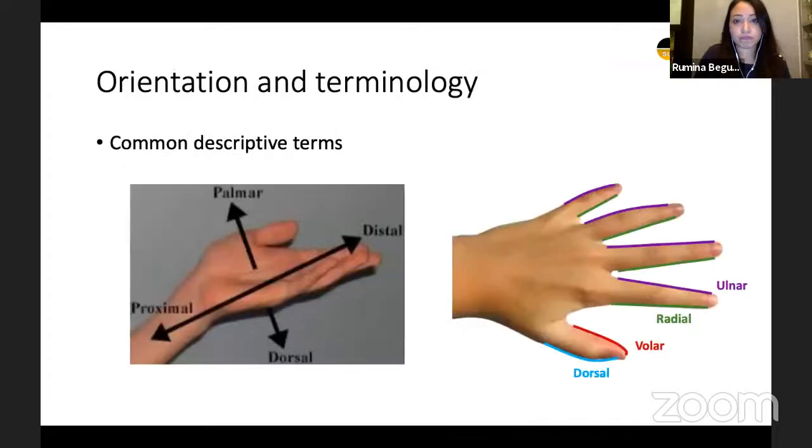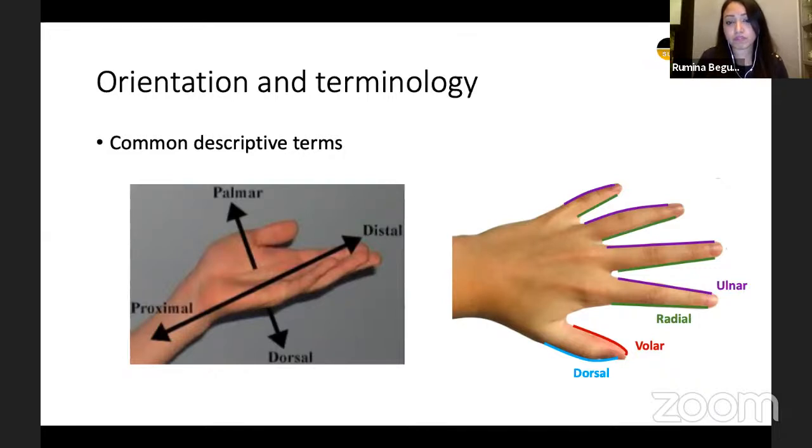So orientation and terminology is slightly different to other parts of the body. When we're talking about the anterior aspect of the hand, we don't normally say anterior. We regard it as palmar or volar. And similarly, the term posterior hand isn't really used. It's the dorsal. The same is for proximal and distal end of the hand.